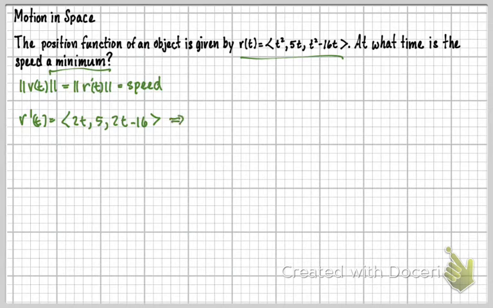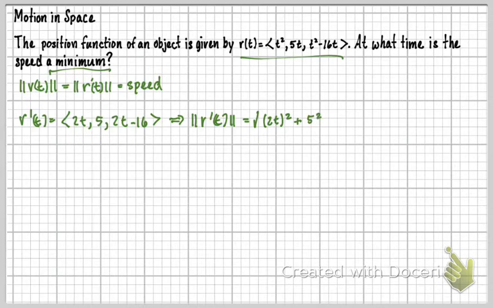So this implies the magnitude of r prime of t is just the square of each of these summed together and then square rooted. So that's what we're going to do now. I'll just write it out. I like to skip this step, but just in case you're having a little bit of issues with the magnitude, here it is.